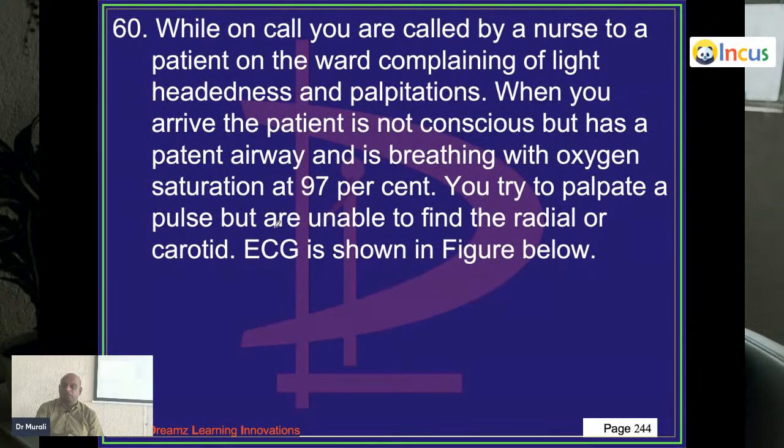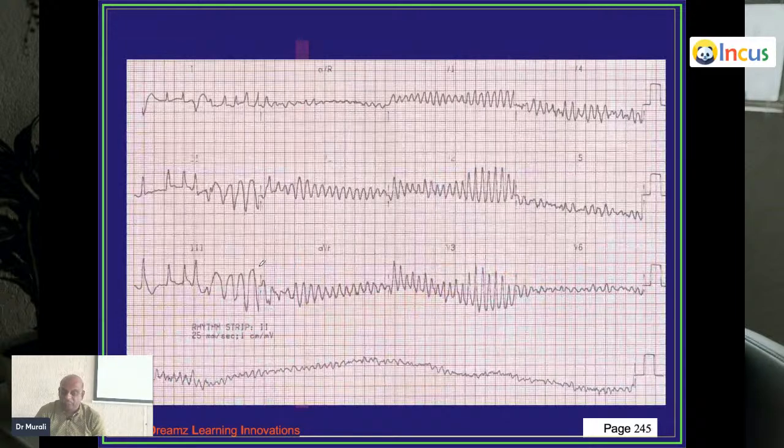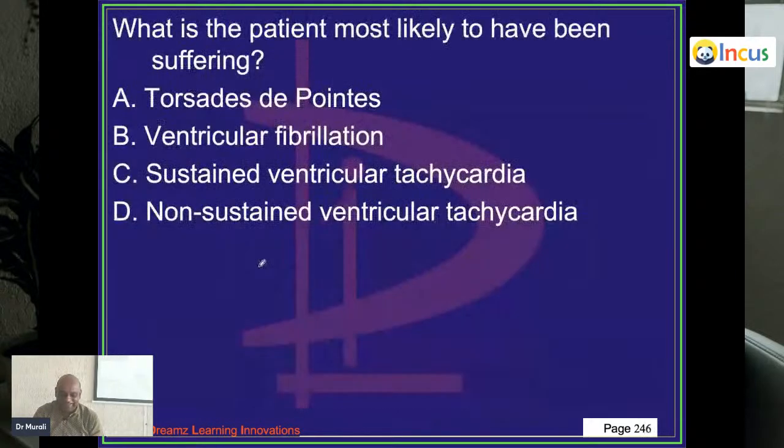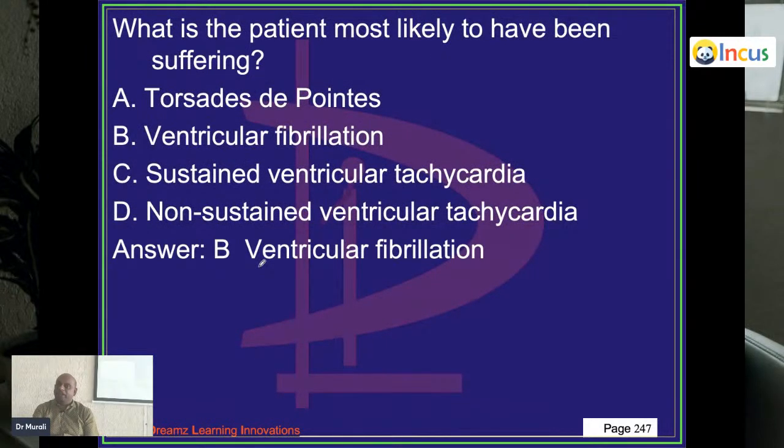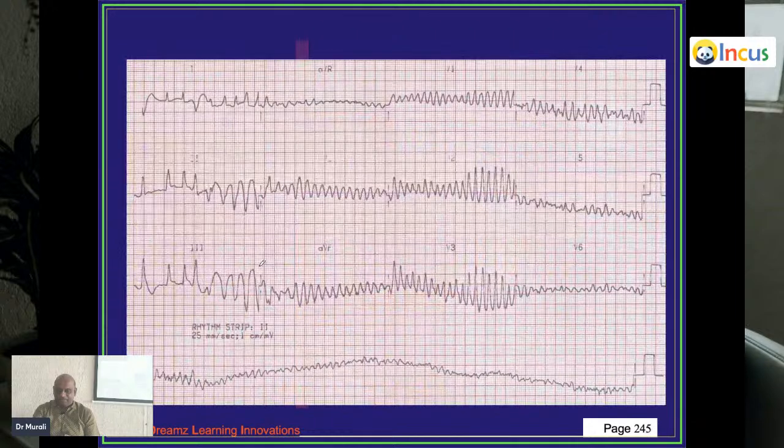Now, there's lightheadedness, palpitations, the patient is breathing, oxygen saturation is at 97%, and you are unable to find the radial or carotid pulse. So what do you see here? Polymorphic ventricular tachycardia. So ventricular fibrillation, in fact, more than polymorphic VT, VF here.